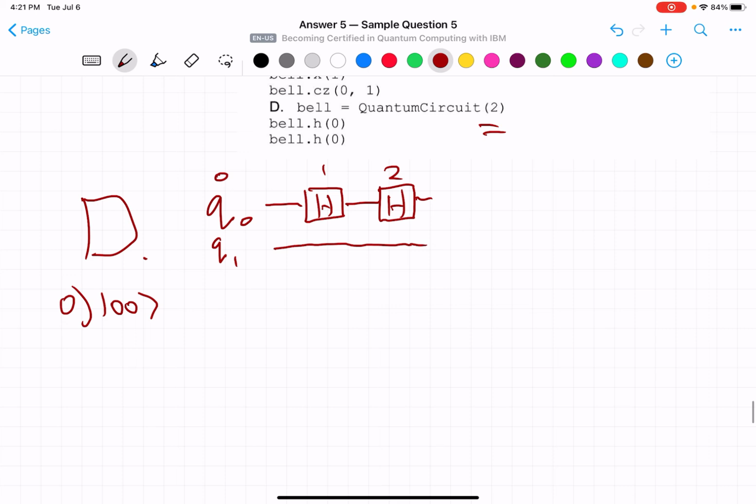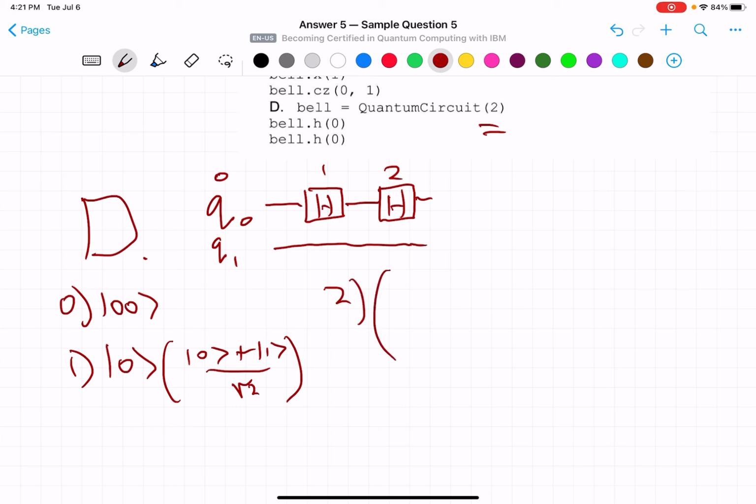How about D? For step 1, we do a Hadamard, and then we do a Hadamard again for step 2. So we'll see that that causes the superposition to be mapped back to the 0 state.